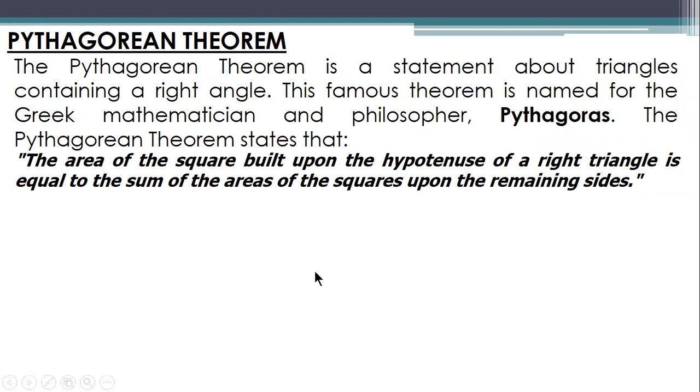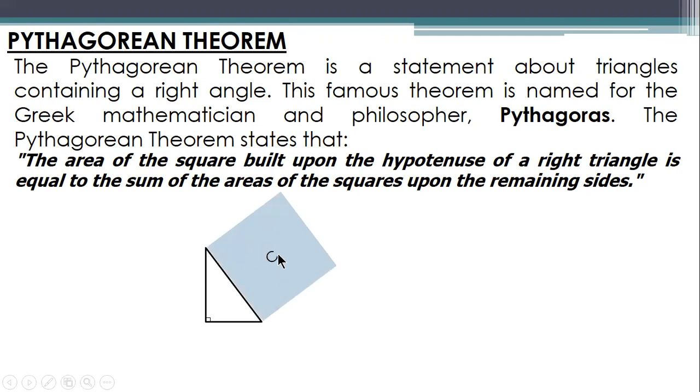Now, considering this right triangle, the hypotenuse is the longest side, and the other two sides are called the legs. So, let's read it again. The area of the square built upon the hypotenuse. We will draw a square wherein one side of the square is the hypotenuse, like this one.